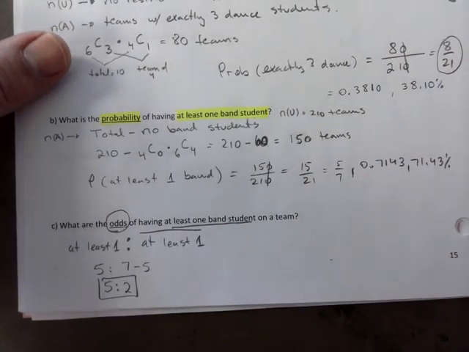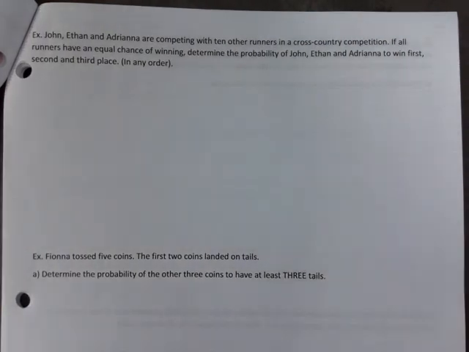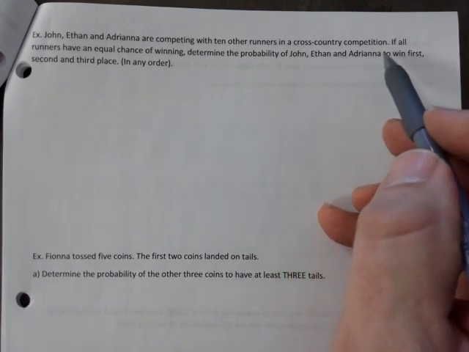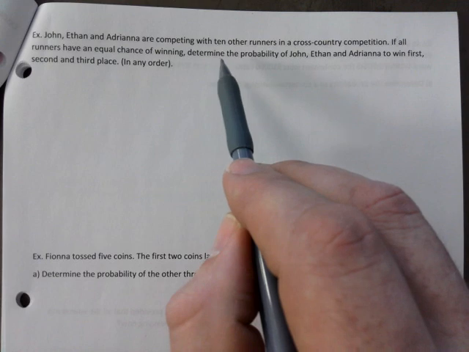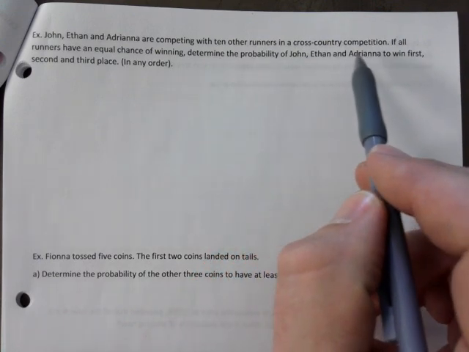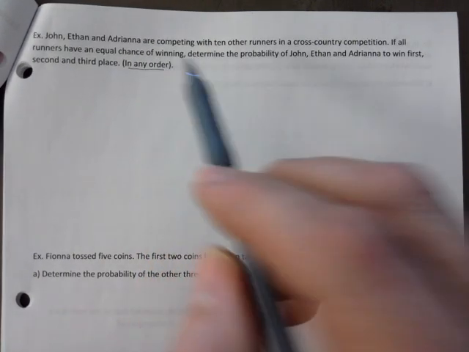16. John, Ethan, and Adriana are competing with 10 other runners in a cross-country competition. If all runners have an equal chance of winning, determine the probability of John, Ethan, and Adriana to win first, second, and third place in any order.